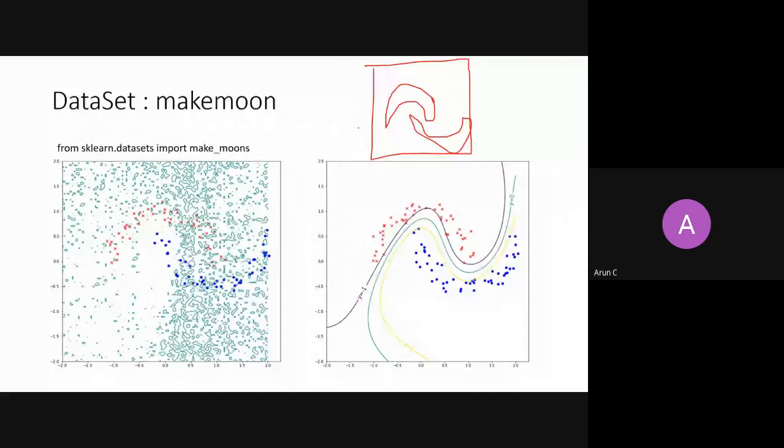This is why hard margins have a problem, and that's why we are getting that jeopardized boundary, because it is not linearly separable and you are trying to find a linear thing there.